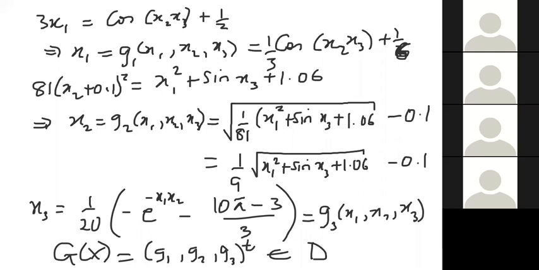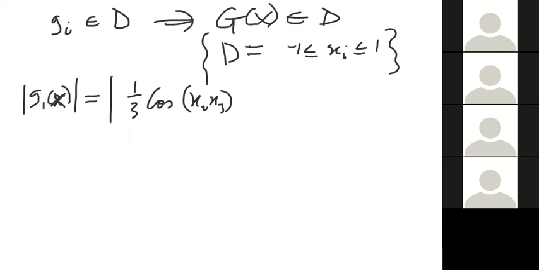Okay, so that's the function we're going to get. Then plus 1 over 6. So we'll be able to see that this will be less than or equal to 1 over 2. Because I know that x1, x2, and x3 are all in that D, and D is between -1 and 1, right?